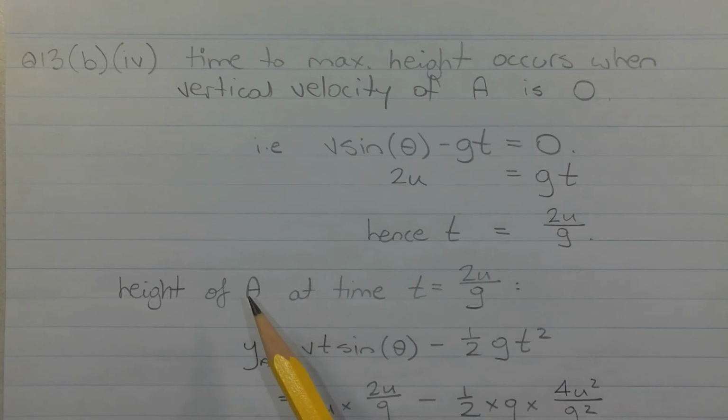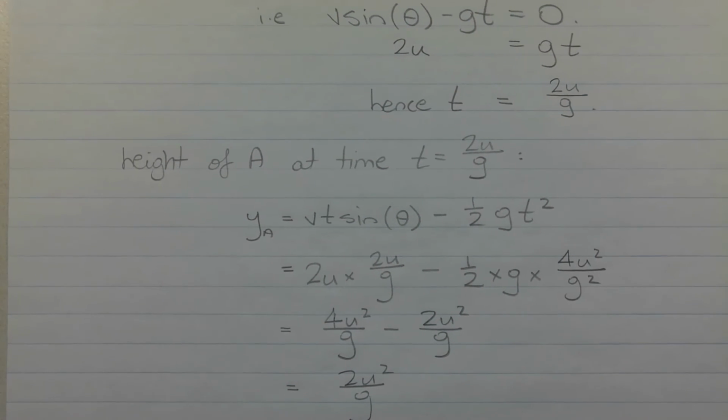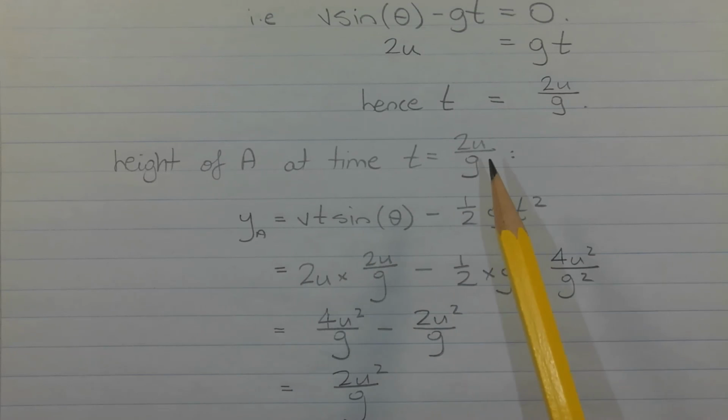Now, the height of particle A at time t equals 2u over g is found by using the vertical component of the position vector for particle A. That is, yA equals vt sin theta minus half gt squared. So substituting 2u over g for t here and here, noting again that v sin theta is equal to 2u, we get 2u times 2u over g minus half times g times 4u squared over g squared.